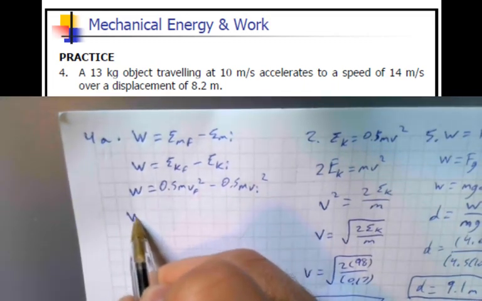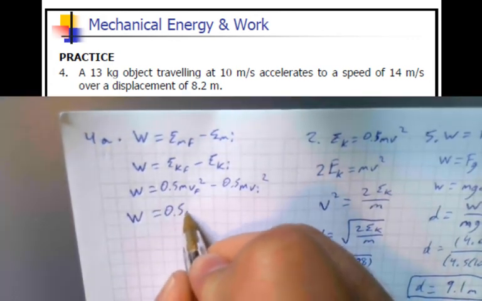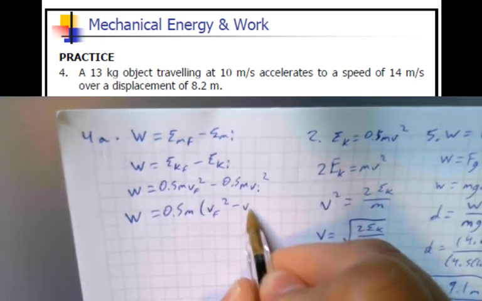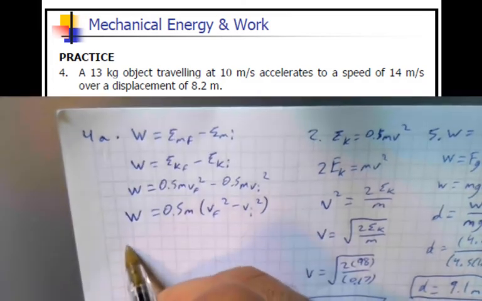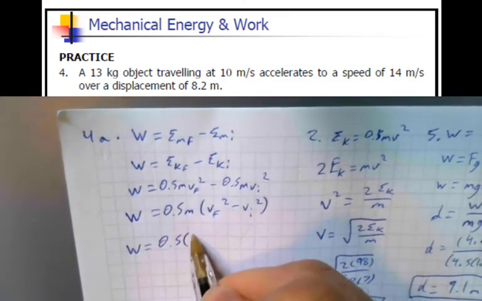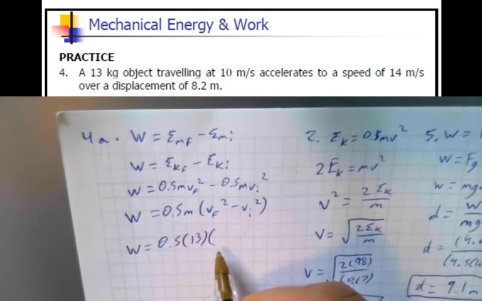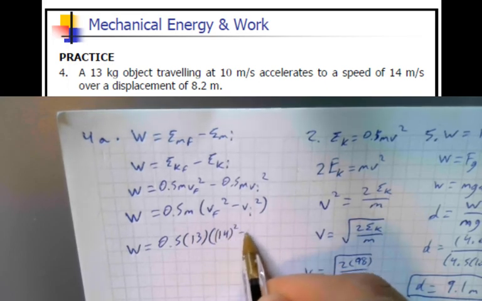And just to make this a little bit simpler, I'll factor out the 0.5 m. So what we're really doing is 0.5 times m, which is 13, times vf squared, which is 14 squared, minus 10 squared.